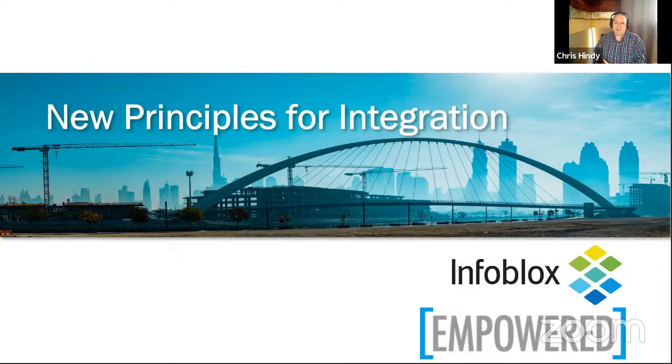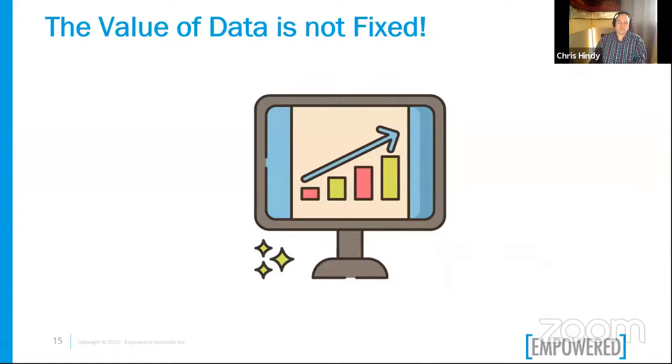Michael and I have a weird serendipitous connection in that we unknowingly crossed paths when I was in the television business as a feed room operator, and he managed the television connection facility for Bell Canada. I guess we've been integrated in one way or another ever since. Michael has worked closely with some of our largest customers on the topic of data integration, and through those conversations has refined a different way of thinking about the problem. Here's Michael and his presentation, New Principles for Integration. Thanks, Chris.